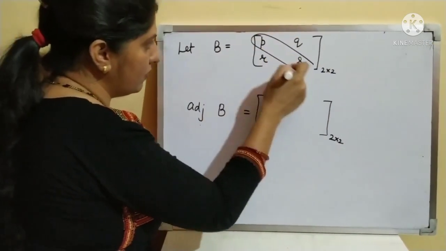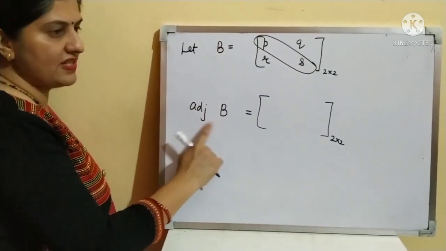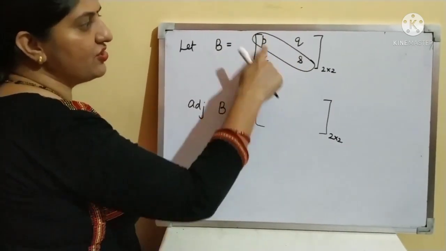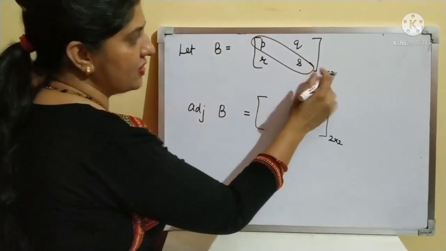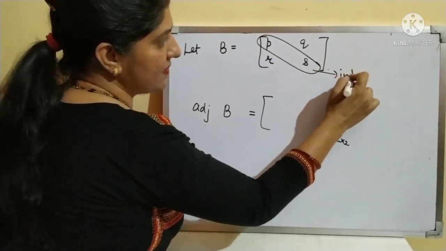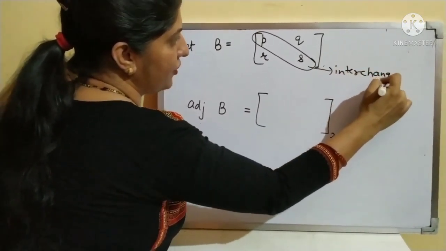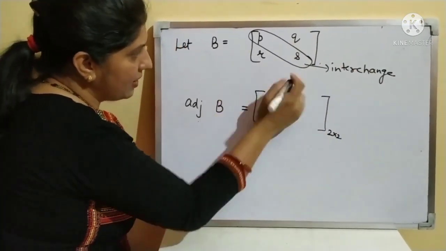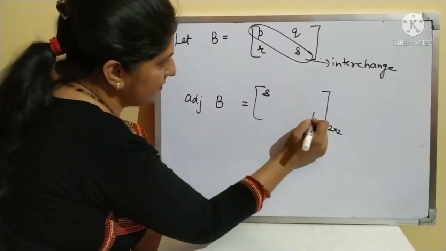Now, just interchange the diagonal elements. Interchange them. P becomes S and S becomes P.